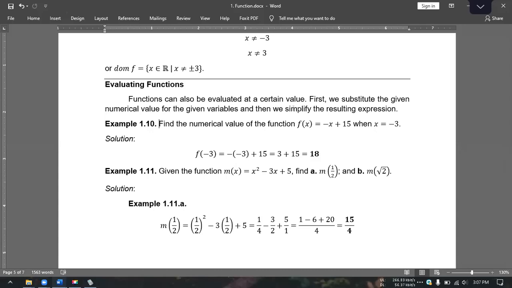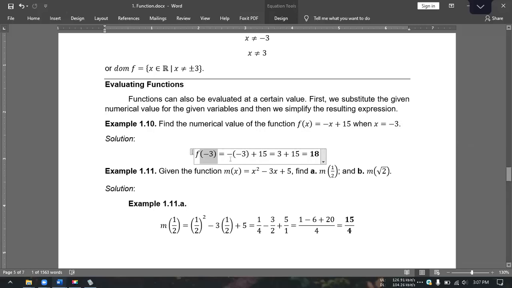If you have the given function f of x, all you have to do is to substitute x for its given value, which is negative 3. So you have f of x here, and you have to look for f of negative 3. F of negative 3 means you have to replace x with negative 3. So we have now negative times negative 3 plus 15.